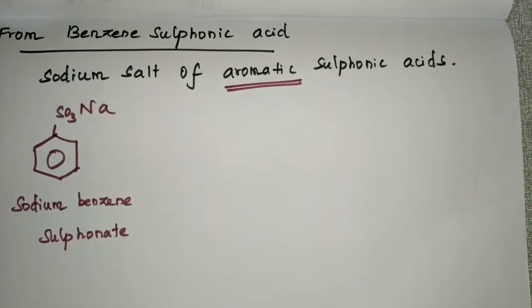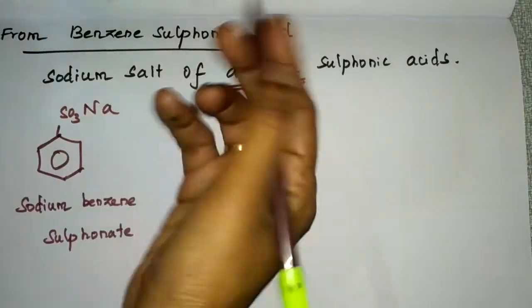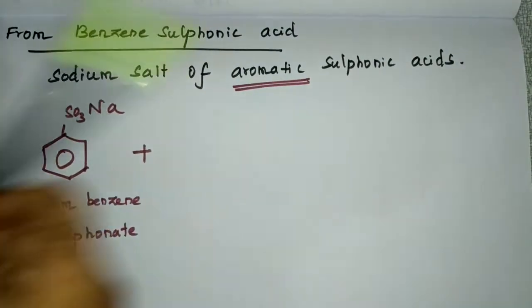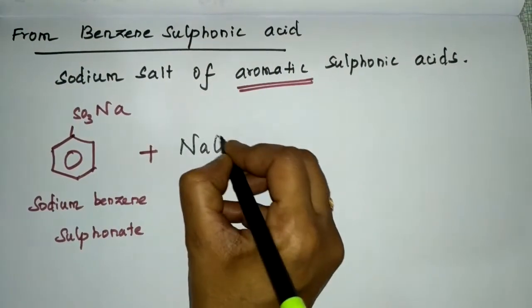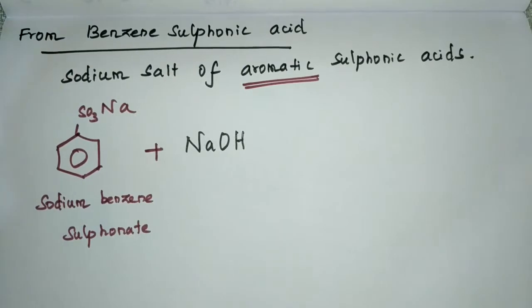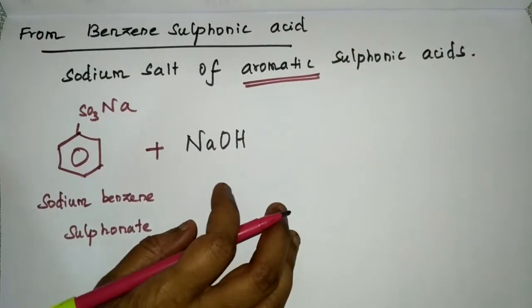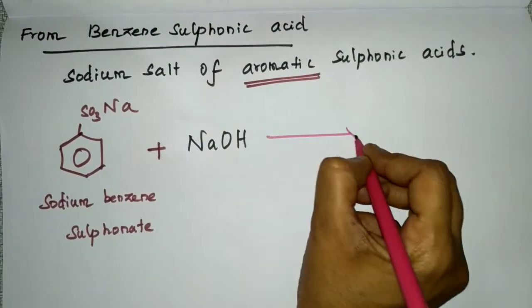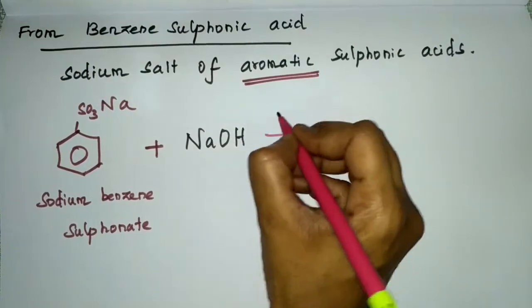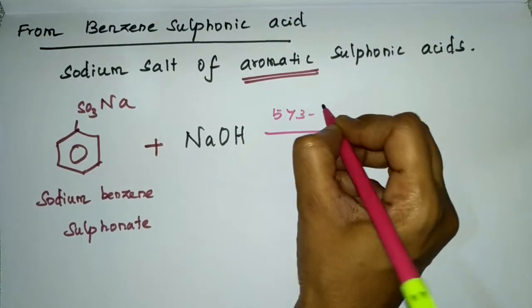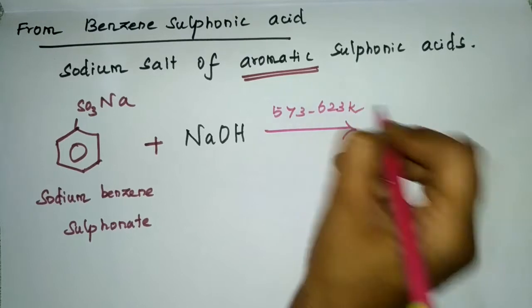Okay. So what you have to do? You have to take this and fuse it with sodium hydroxide. And the temperature should be here also the same, 573 to 623 Kelvin.